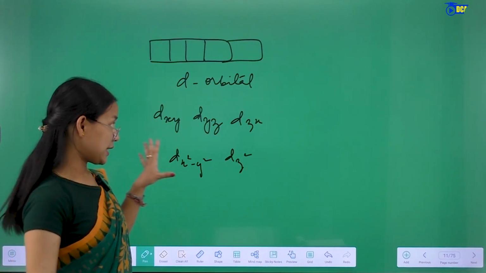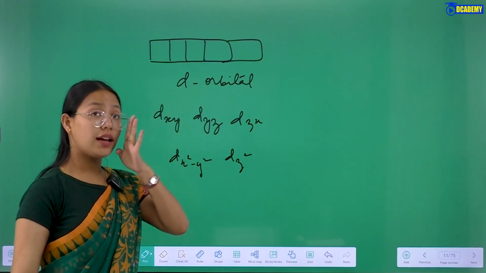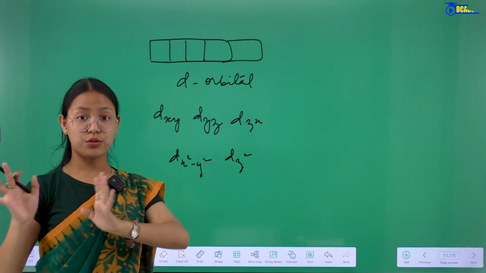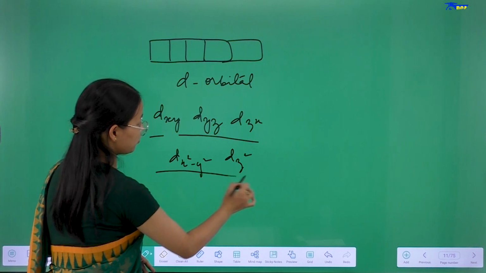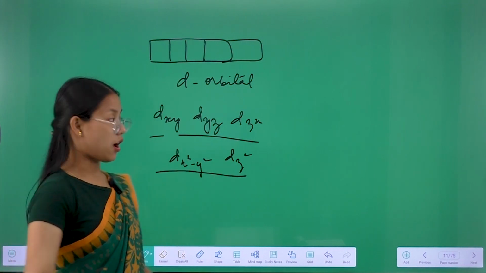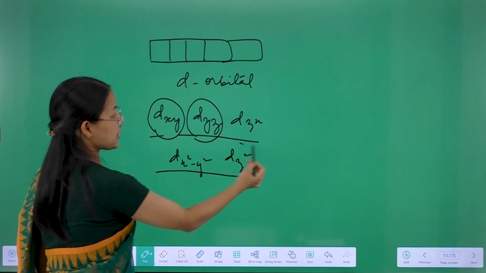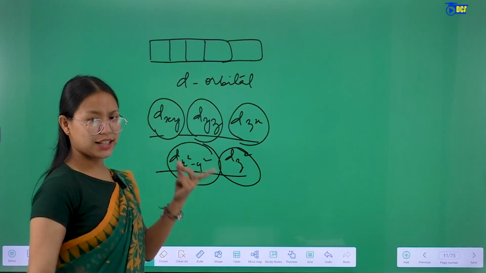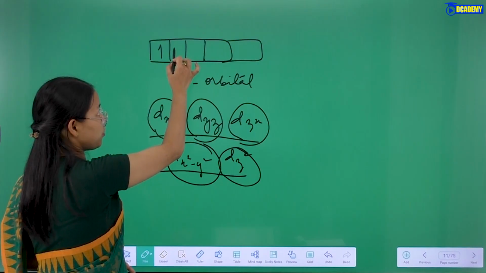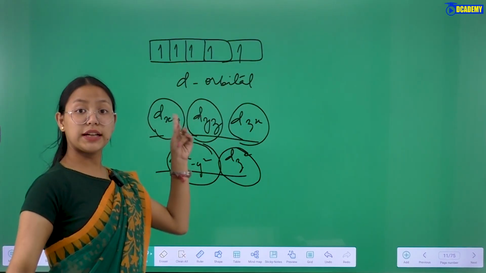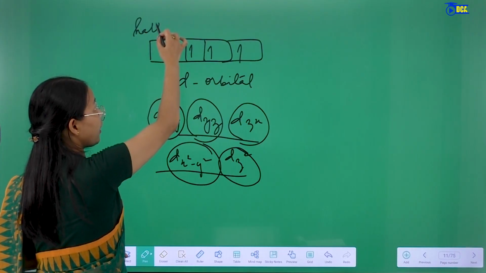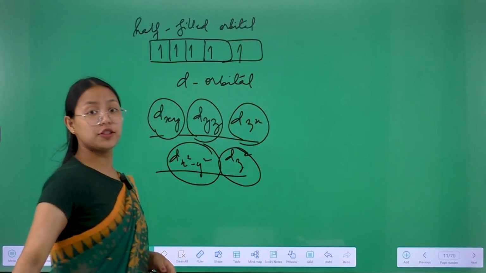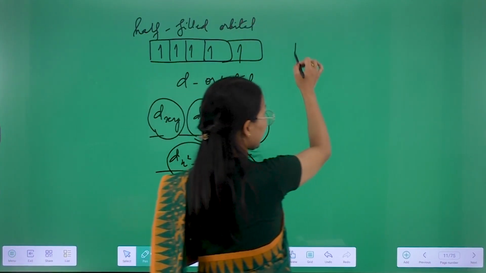Like rooms in a house, the living room, kitchen, bedroom and bathroom each take one. When the electrons are distributed uniformly, one in each d orbital, it is known as a half filled orbital. A half filled orbital is quite stable.